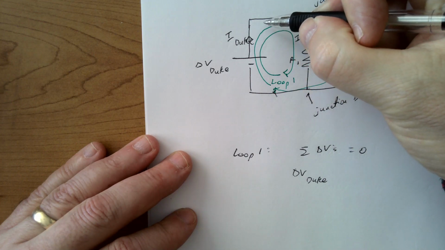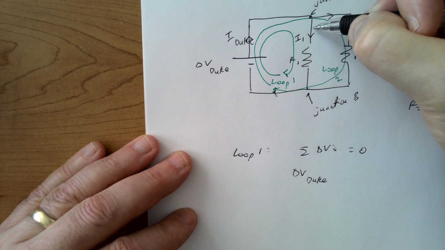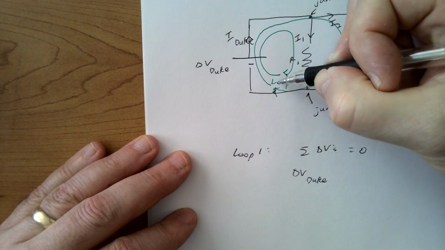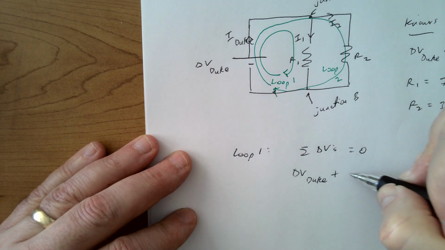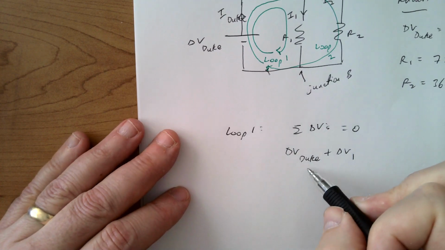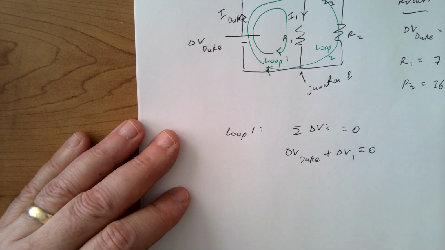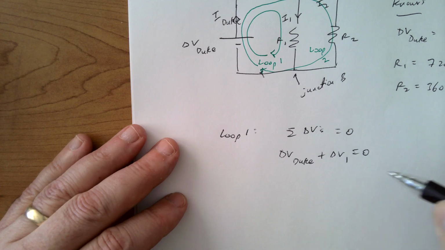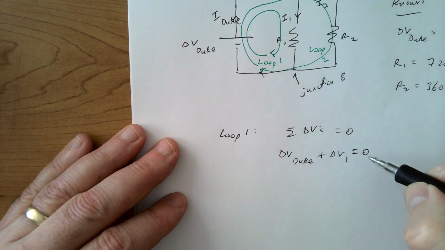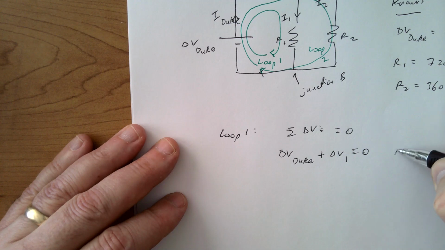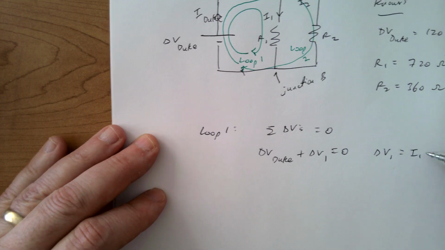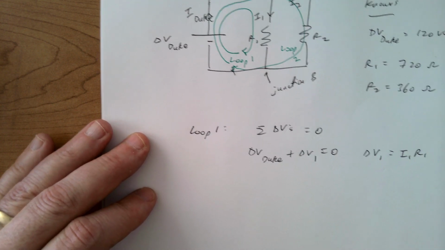And then I go through a wire where the voltage doesn't change. Then I'm going to have delta V across this resistor 1 before I get back where I started. Notice that I'm adding the voltage changes. They add up to 0. Because R1 is a resistor, I get to use delta V1 is I1 times R1. That's Ohm's law.